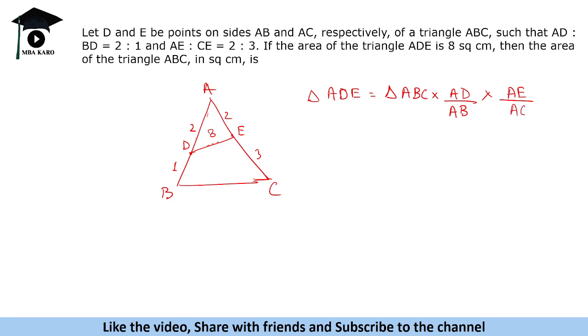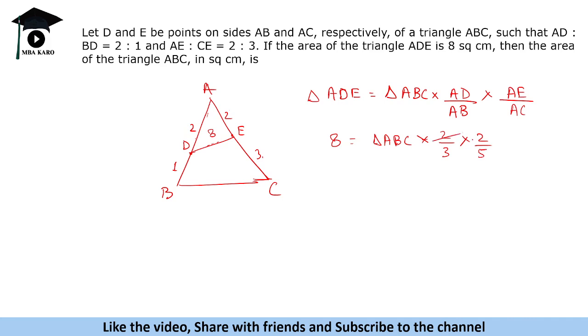So ADE is given as 8 and ABC we need to find, into AD upon AB, which is 2 ratio 1 so 2 by 3, and this is 2 ratio 3, so 2 by 5.